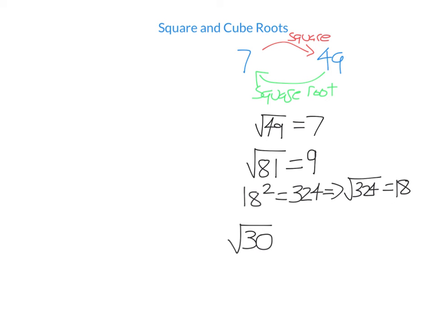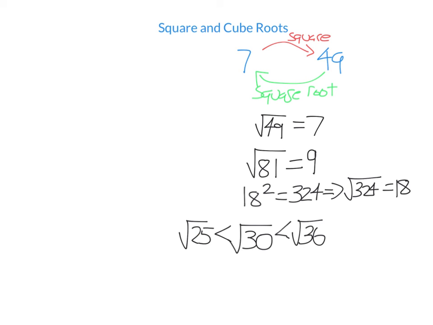What we need to be able to do is tell without a calculator which two whole numbers it lies between. So we need to know perfect squares on either side of 30. The next lowest perfect square is 25, and the next highest is 36. I'm using these symbols here. This mathematically says the square root of 30 is between root 25 and root 36.